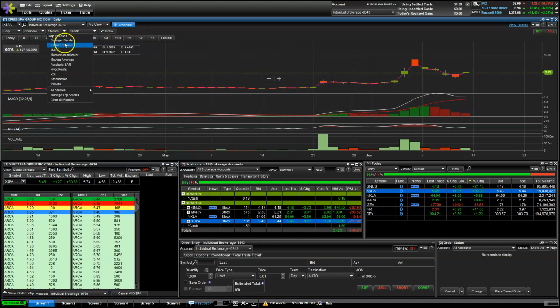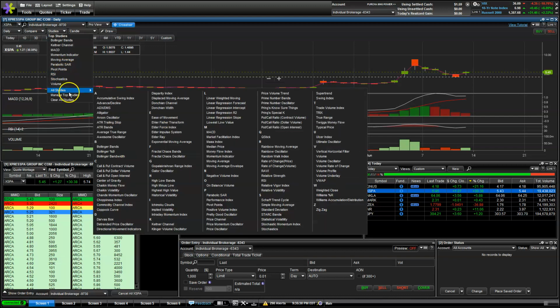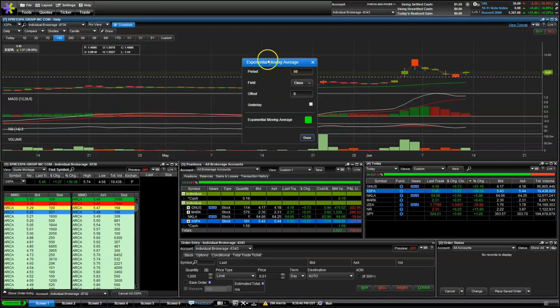Then I do another study, and I go to EMA, exponential moving average, and I throw 3 of them in there. So one is going to be EMA 9, and I will make that white.